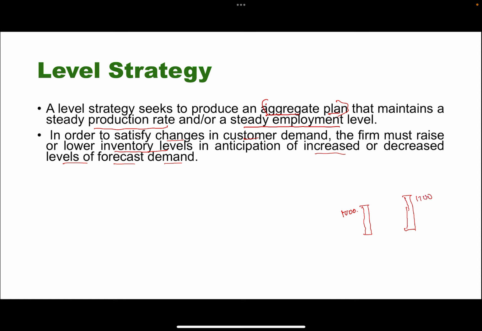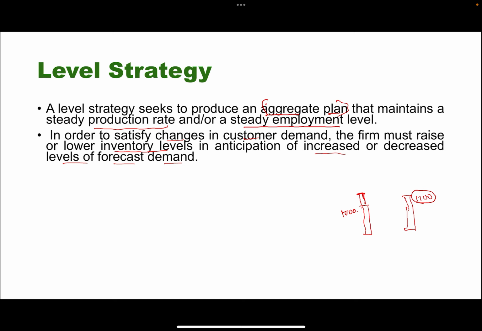Then you need to gradually raise this production capacity to match this demand. So we are changing the inventory levels, etc., in anticipation of increased or decreased levels of forecast.